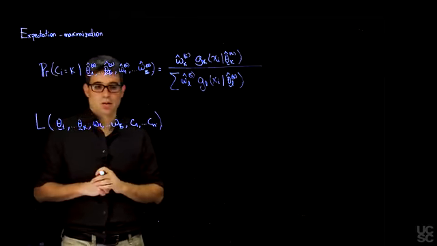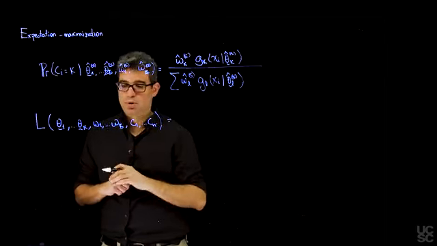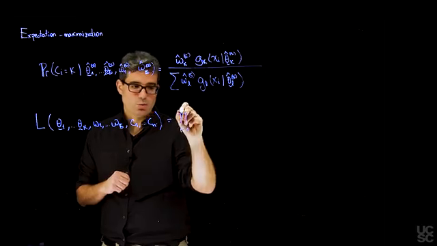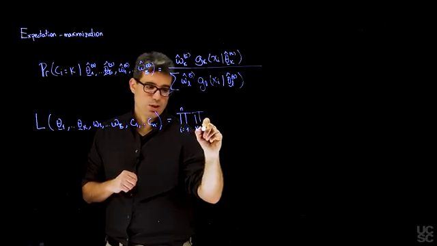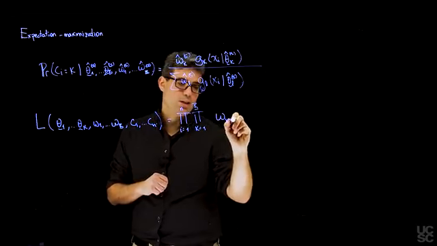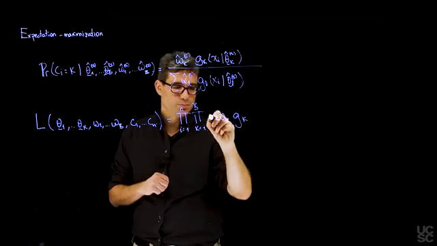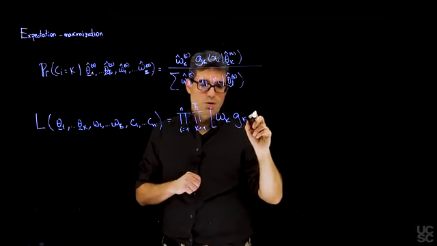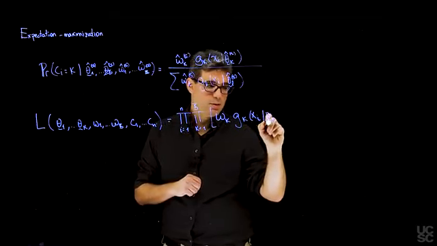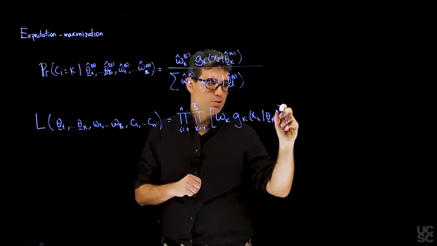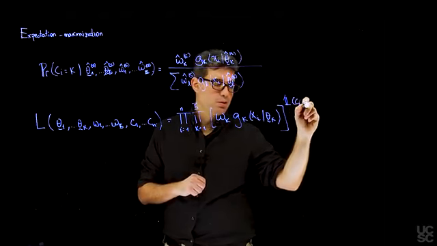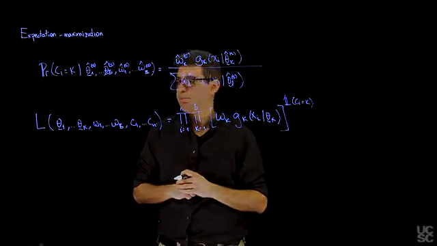Remember that I want the log of the complete data likelihood. This is the product from i equals 1 to n of the product from k equals 1 to capital K of omega k g sub k of x sub i given theta k, raised to the indicator that C sub i is equal to k.